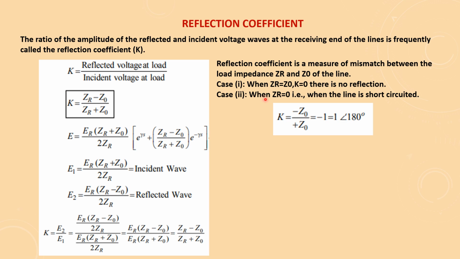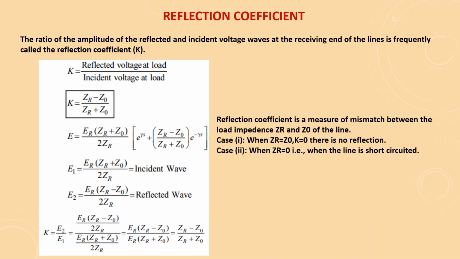Similarly, second, if the receiving end impedance is equal to 0, that is, when the line is short circuited, we get minus 1. Minus 1 can be written as 1 with the angle 180, so the magnitude of K is equal to 1, which means the reflection is maximum.